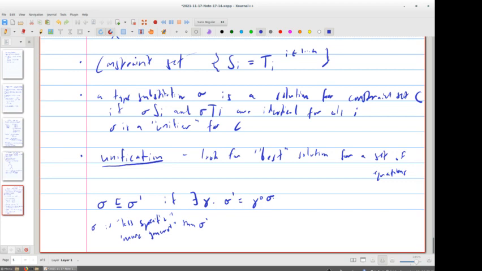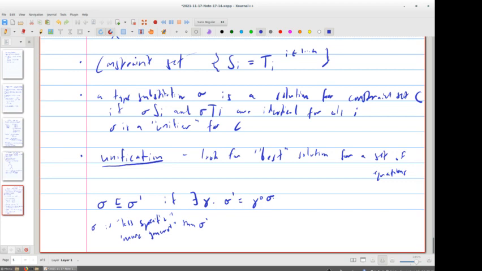We're saying that sigma is less specific or more general than sigma prime if sigma prime can be written in this form, the same thing as sigma followed by some more stuff. So the idea is that sigma prime does more substitution than sigma.